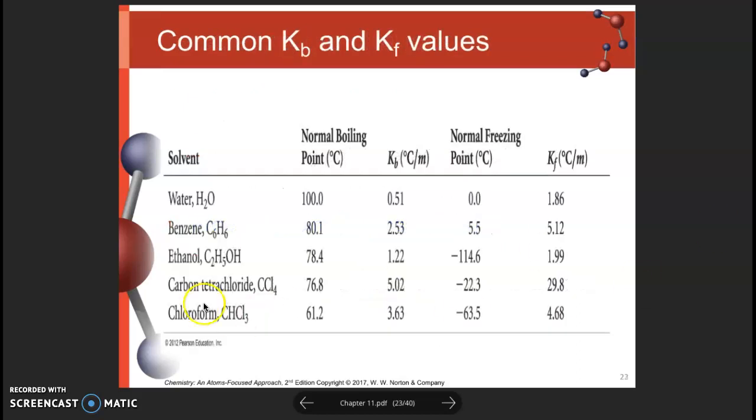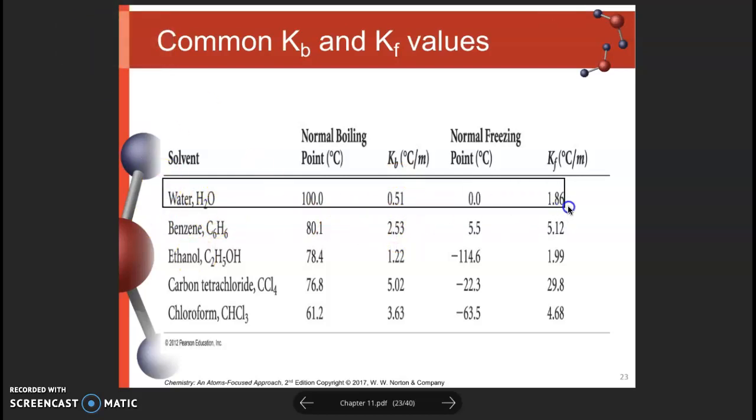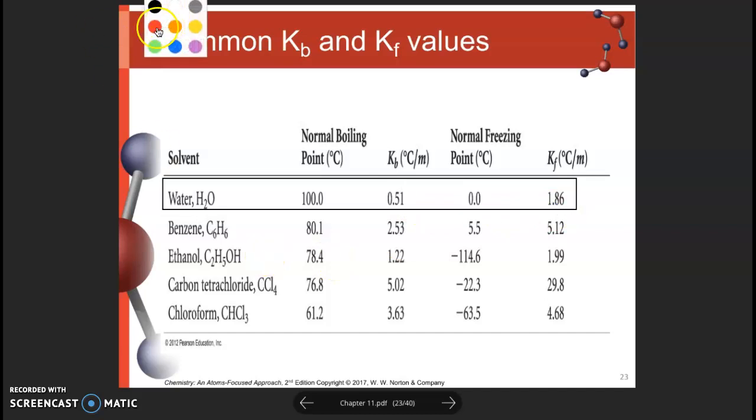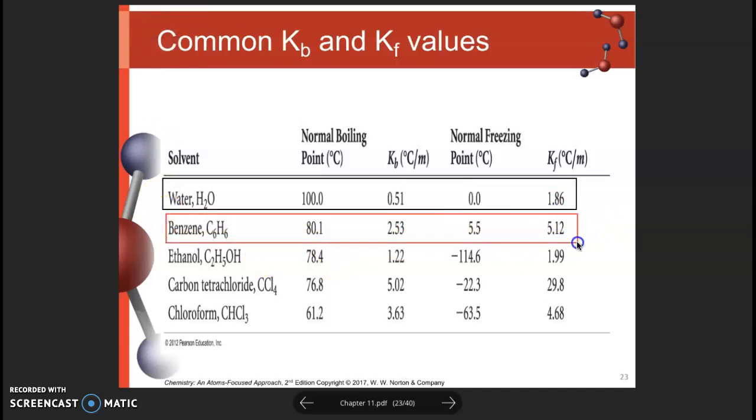Now, as I mentioned before, our Kb and Kf values do vary by substance, but you can see that every single substance has a unique set of values, and that those values do change based upon the nature of the material itself. So you can see that things that are nonpolar, like benzene here, have higher Kb and Kf values than things that are polar or have hydrogen bonding, like ethanol does.